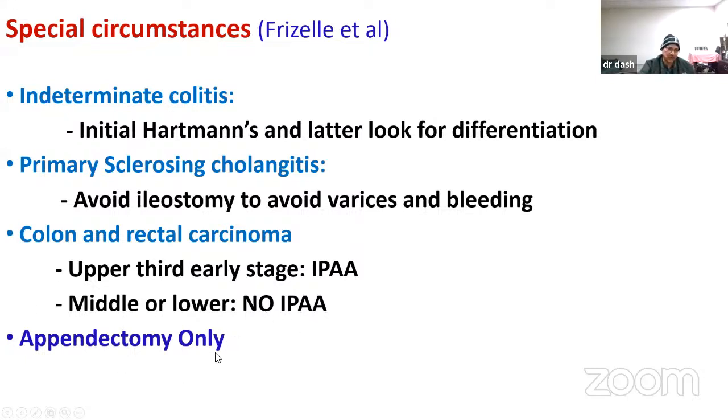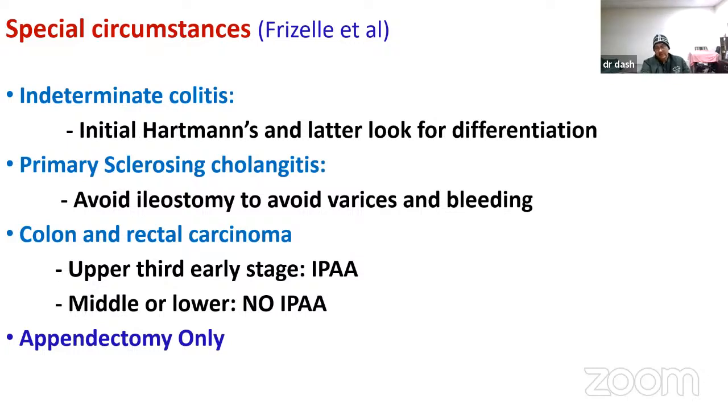Now, lastly, a word about appendectomy only. This is a very interesting subject. There's a trial to say that in ulcerative colitis patients who are not in emergency and are on drugs, if you do an appendectomy in these patients, the response to the drug becomes better, and the recovery of these patients becomes better.